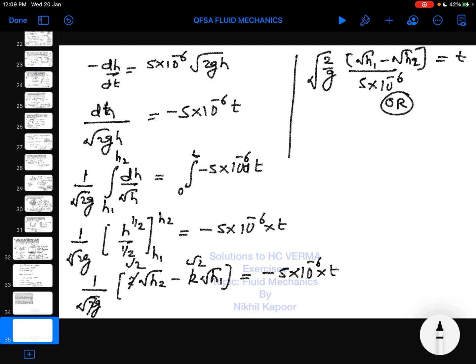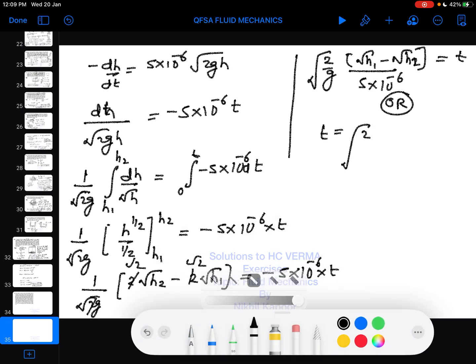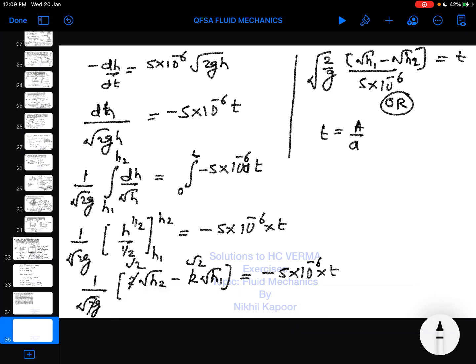Or you can directly use the formula, that is time taken to change the height from h1 to h2 is bigger area upon smaller area into root 2 by g in bracket root initial height minus root final height.